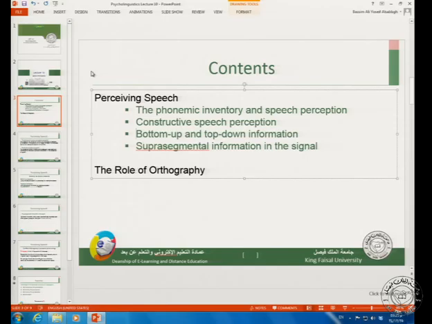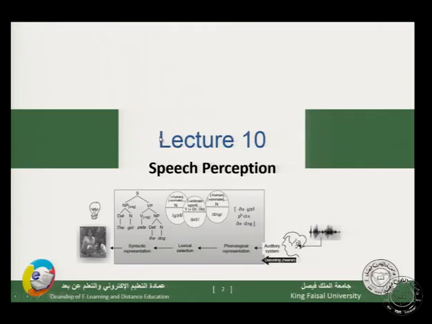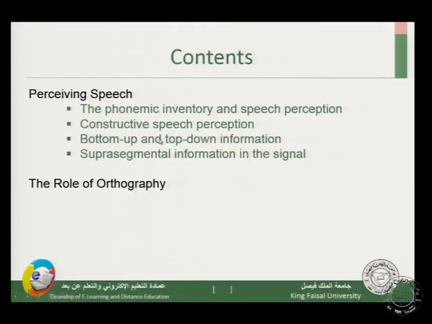Alright, so we're just going to discuss speech perception. Then we're going to discuss bottom-up and top-down information. How are they used while perceiving speech? And finally, we are going to discuss suprasegmental information in the signal.